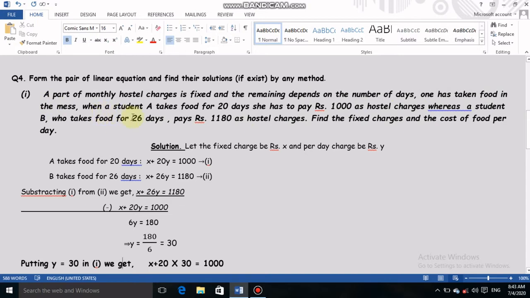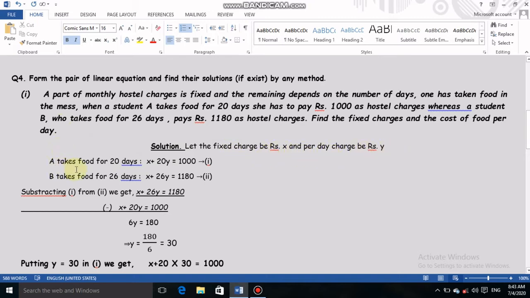When a student A takes food for 20 days, she has to pay rupees 1000 as hostel charges, whereas a student B who takes food for 26 days pays rupees 1180 as hostel charges. Find the fixed charges and the cost of food per day. Solution. Let the fixed charge be x and per day charge be y.